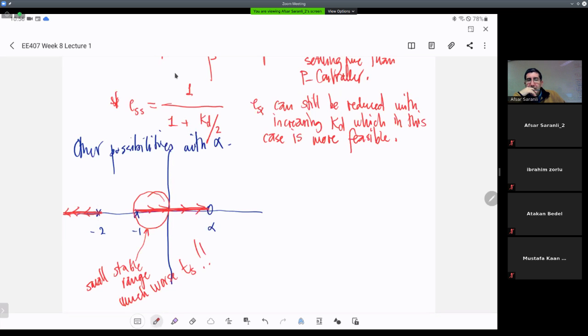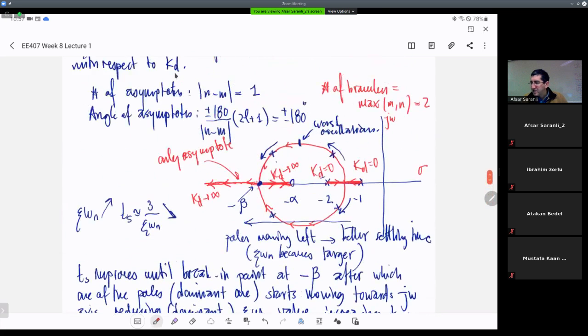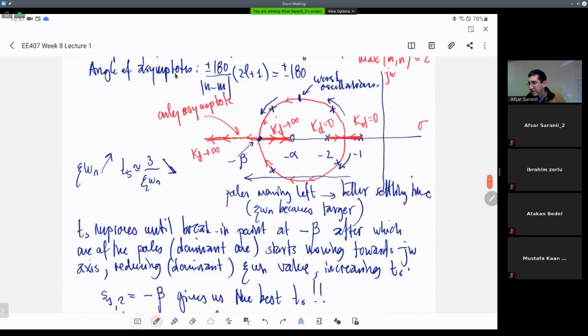Okay. And in fact, if you consider that alpha to be 1 over tau d, this is noted as a time constant. So by the way, alpha is equal to 1 over tau d. So yes, the zero is basically at -1 over tau d, right?